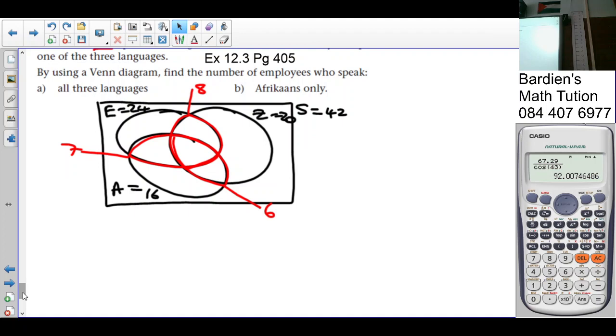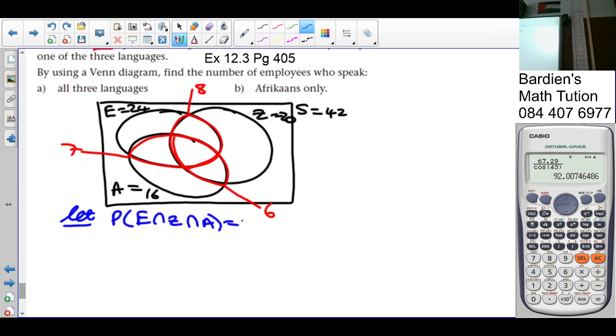So if we put X in the middle, you don't have to say this now, but we're going to let the probability of the person speaking English, Zulu, and Afrikaans equal X. Okay? Then what other parts of the subset now can be made up? The spot here, not so. What would that be? 7 minus x. Make it a bit bigger. Now you fill in that for me and that there. Those values.